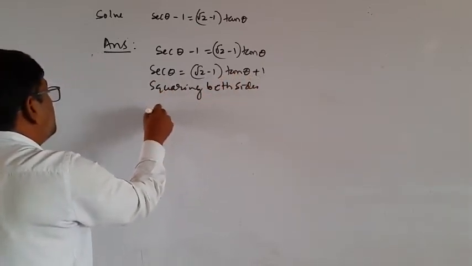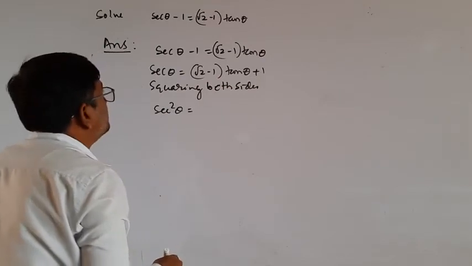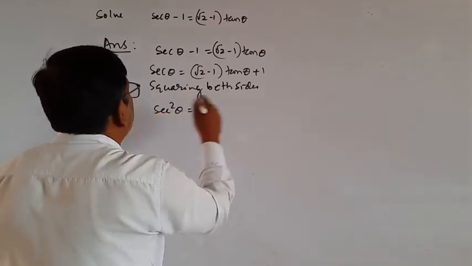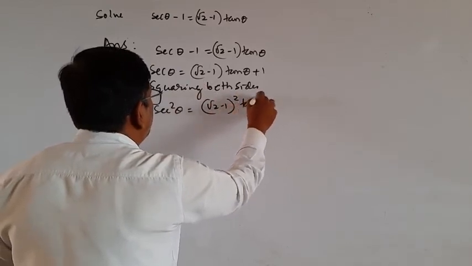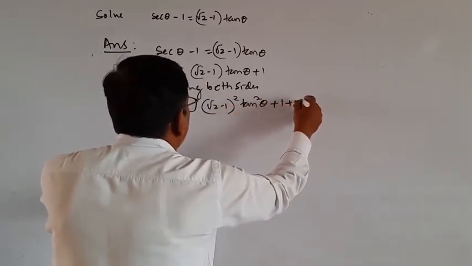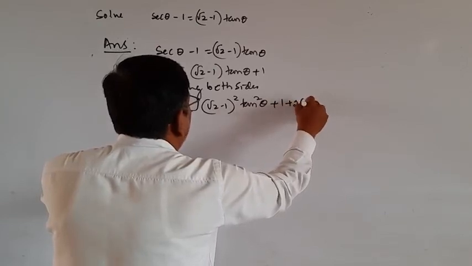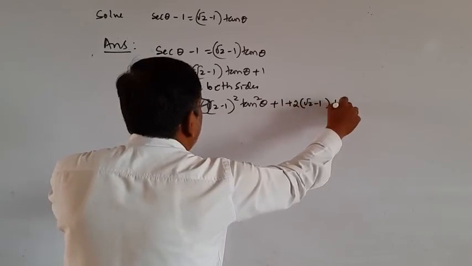That is sec square theta is equal to root 2 minus 1 whole square into tan square theta plus 1 plus 2 into root 2 minus 1 into tan theta.